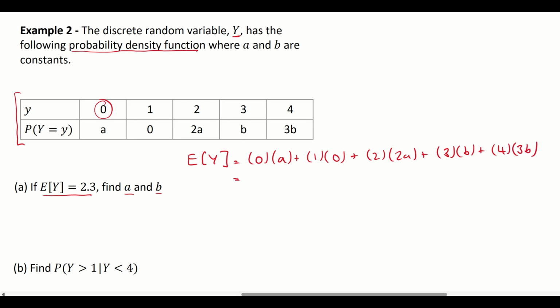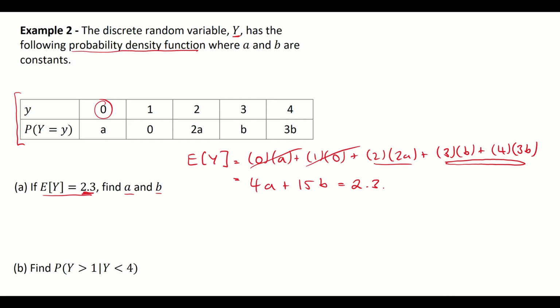And if we were to add all of those up, so we've got 0 here, 0 here, we've got 4a there, and here we're going to end up with a total of 3b and 12b, so we're going to get 15b. And it says that this has to be equal to 2.3. But I can't solve that for a and b because I've got two variables and just the one equation.